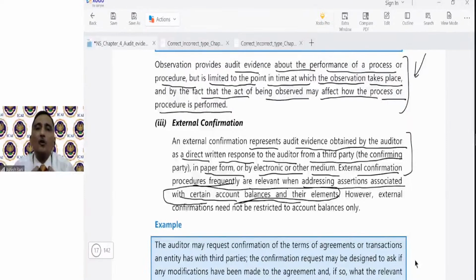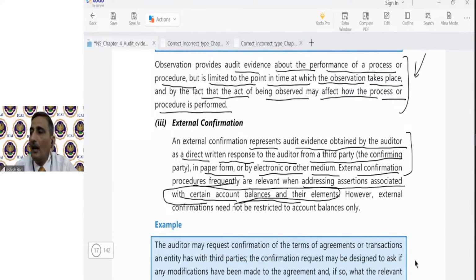अगर मैनेजमेंट आपको कोई एग्रीमेंट दिखाती है, कोई कॉन्ट्रैक्ट दिखाती है, and you choose to verify whether this is the original contract which was entered into by the company with a third party. So you can send a confirmation request to a third party for confirming whether this is the original contract, whether this is the original agreement.